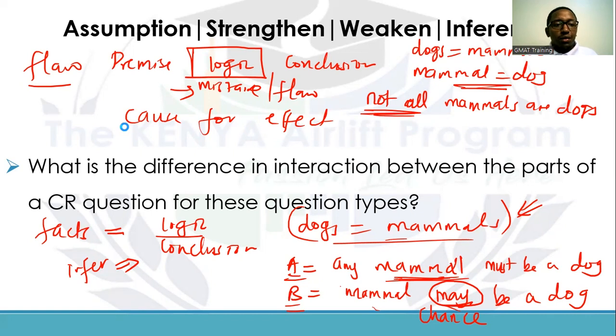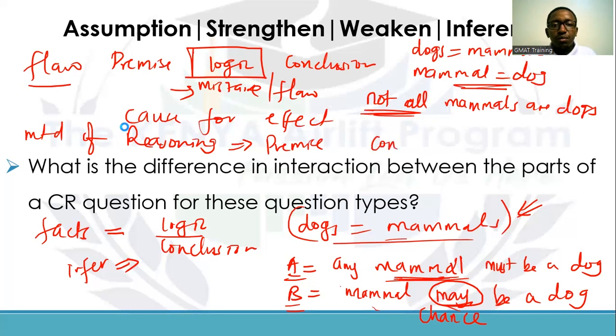And then if you look at questions like method of reasoning, you have a premise and a conclusion, and you are required to find the logic. What reasoning made the author draw this conclusion? So kind of like looking for the logic.